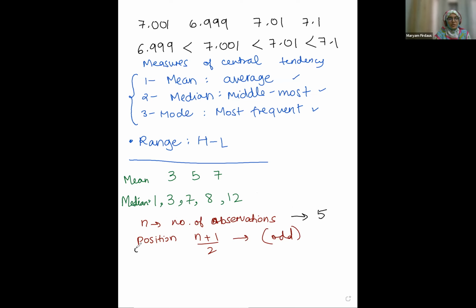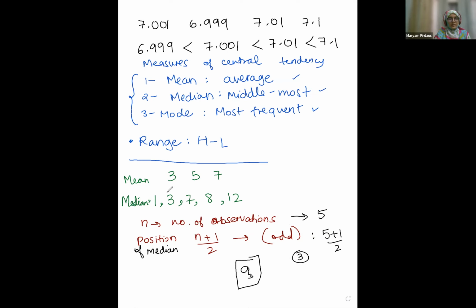So the position of median is going to be n plus 1 by 2. So you say it is 5 plus 1 by 2. That is 6 by 2, which is 3. So the median is going to be A3, that means the third observation.